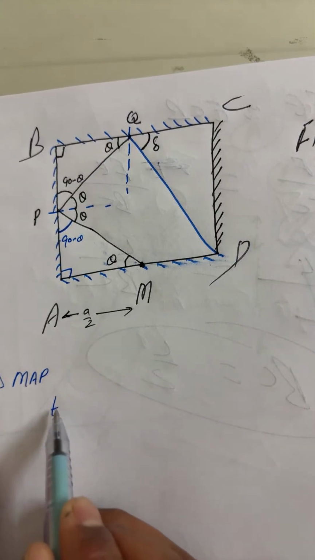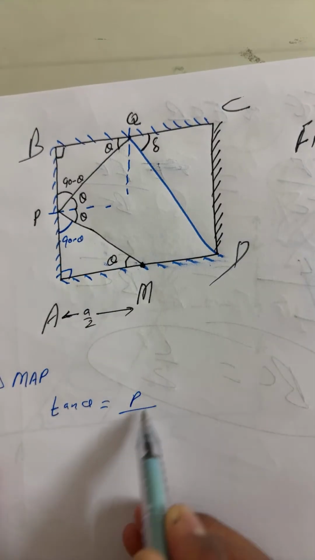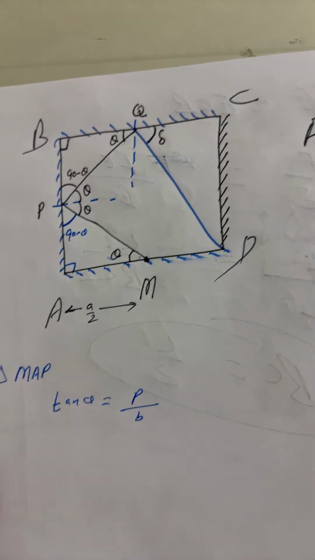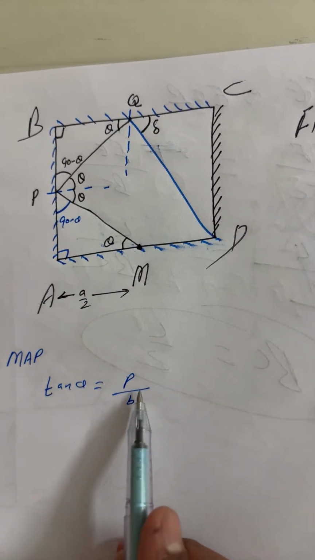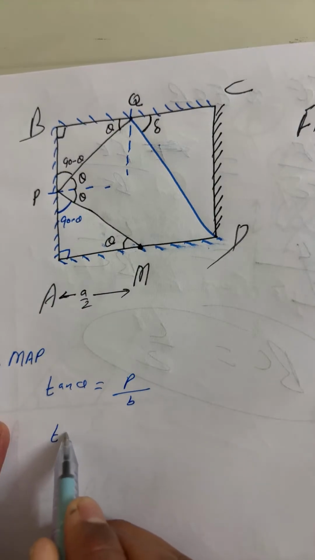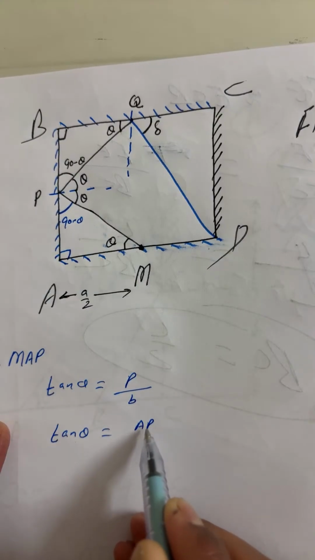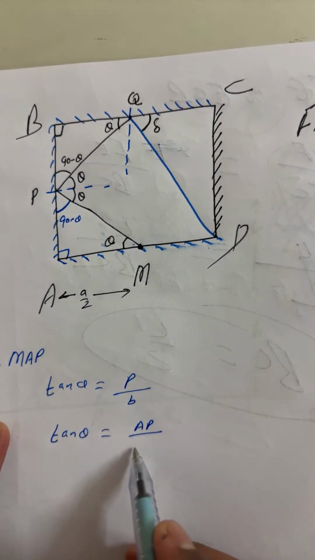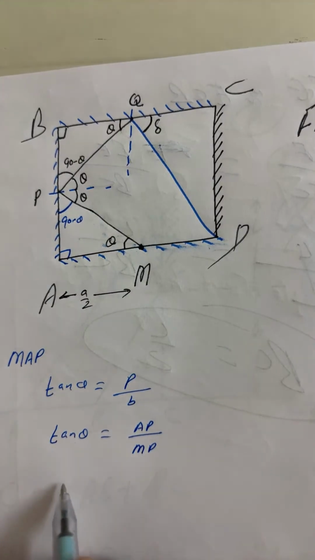I hope all of you remember, tan theta is perpendicular by base, right? So the perpendicular is AP, and tan theta is AP upon MP, and MP is simply a by 2.